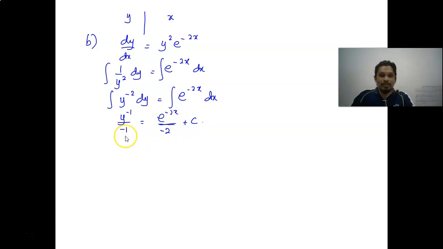So negative y to the power of negative 1, which is 1 over y, equals negative 1 over 2 e to the power of negative 2x plus c.